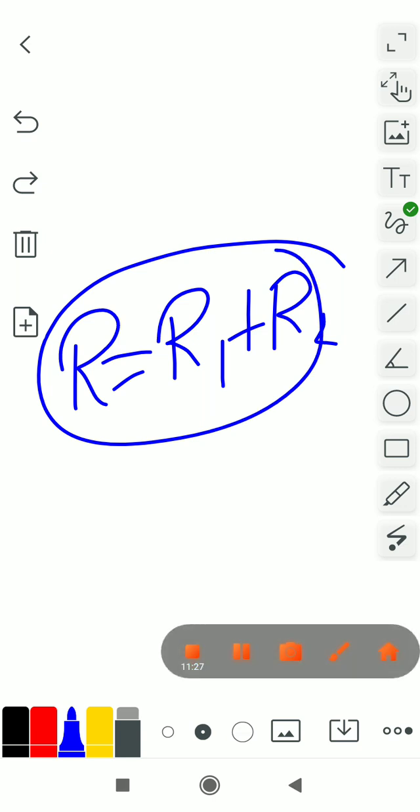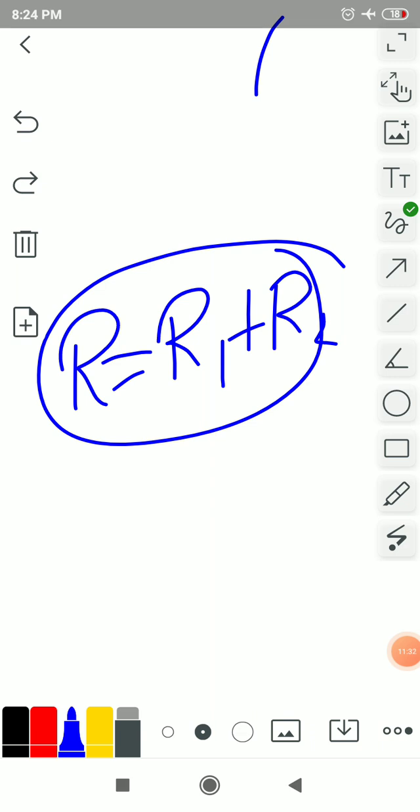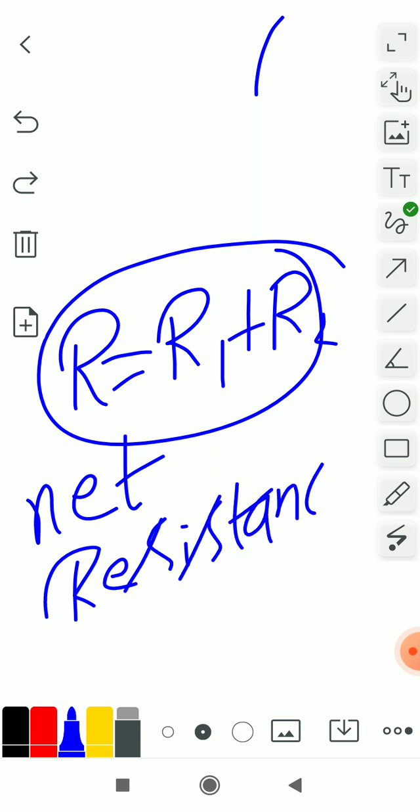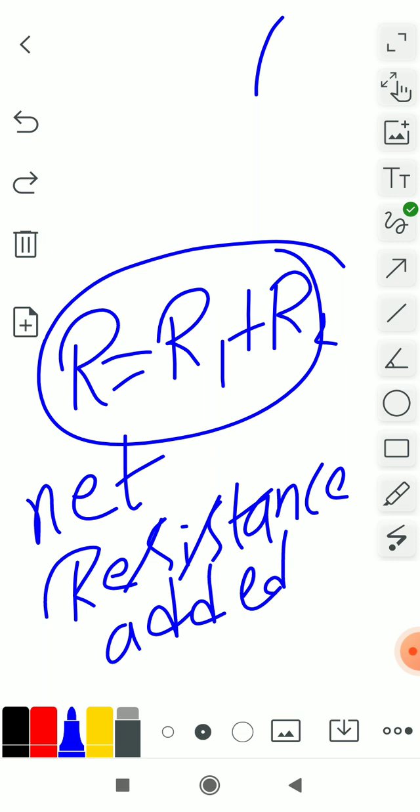That means net resistance will always be added. During Diwali time, with Diwali lights, if you cut any one of the bulbs, the other bulbs will stop glowing.